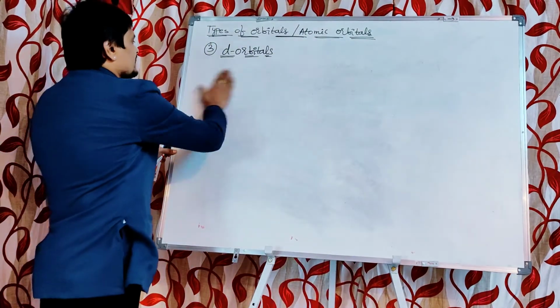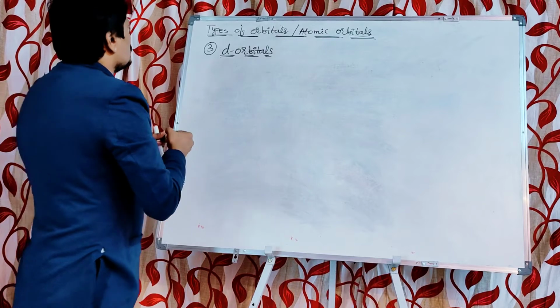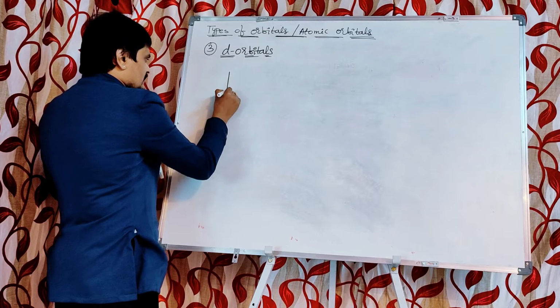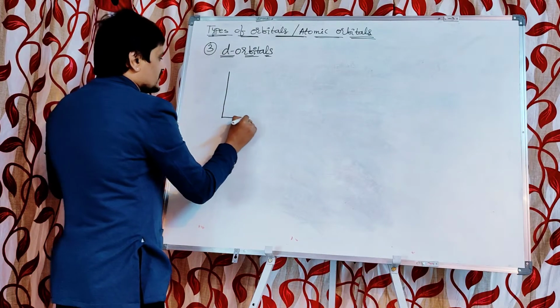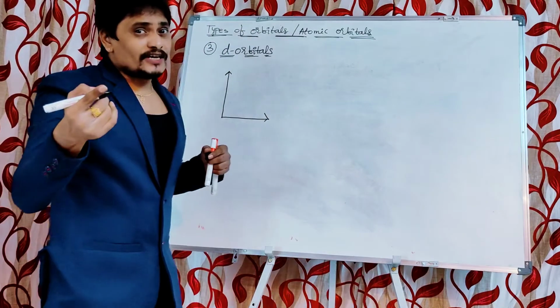So now let us see the shapes of these two. dx square minus y square means what?